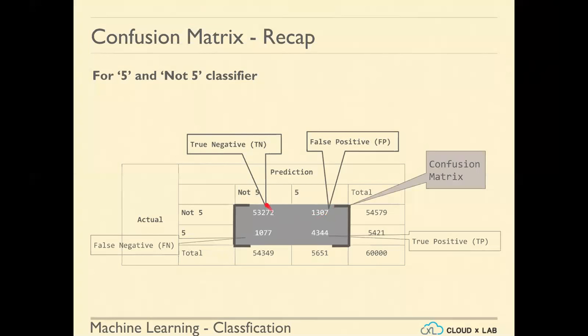The two diagonal cells are the correct values, identified correctly, while false positive and false negative are both wrong predictions.